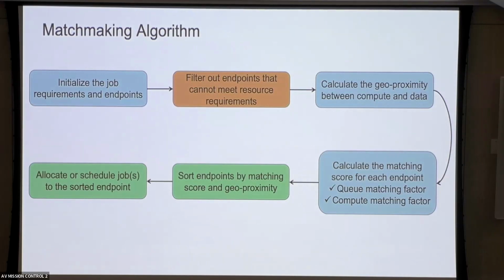So we came up with a quite simple matchmaking algorithm as well. There are several things we had to consider about the destinations. So definitely exclude the ones that cannot meet the requirements of the job. We also wanted to figure out which are the closest compute destinations, and then we calculate a matching score of the available destinations.